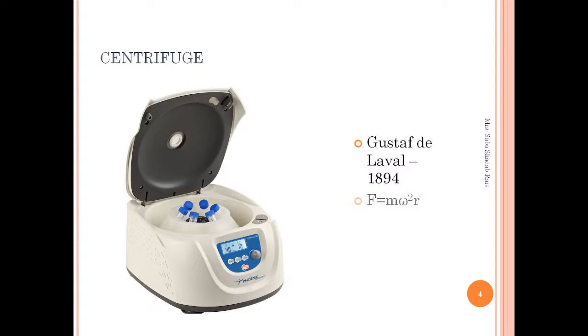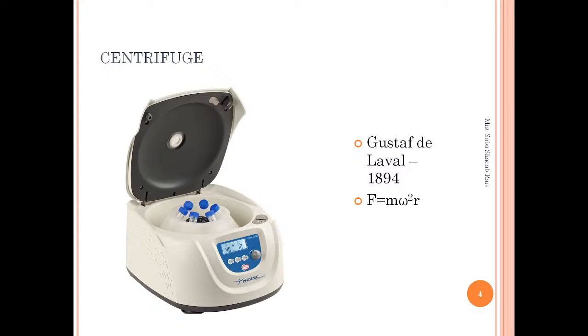The principle of centrifugation is that centrifugal force can be used to separate the lighter particles from the heavier portion in a liquid medium. I repeat, the principle of centrifugation is that centrifugal force can be used to separate the lighter particles from the heavier portion in the liquid medium.